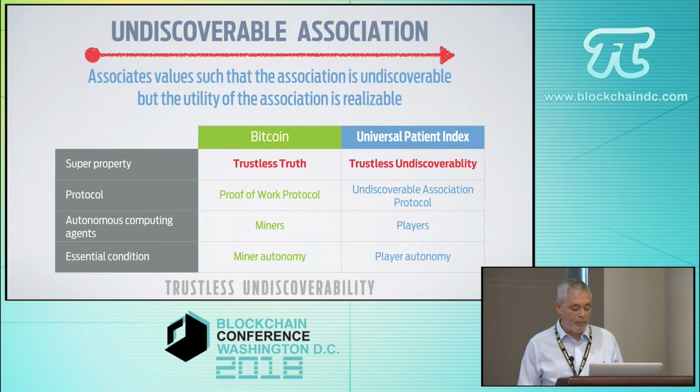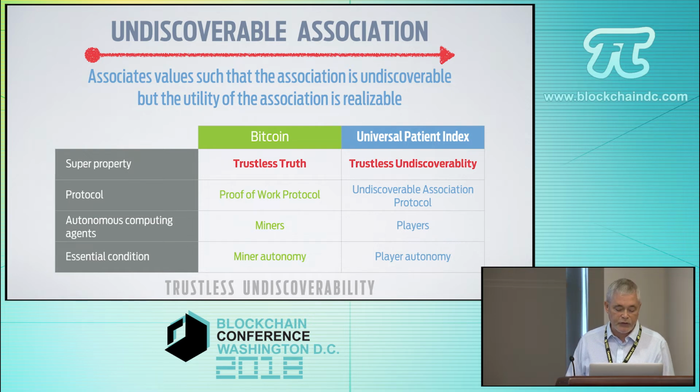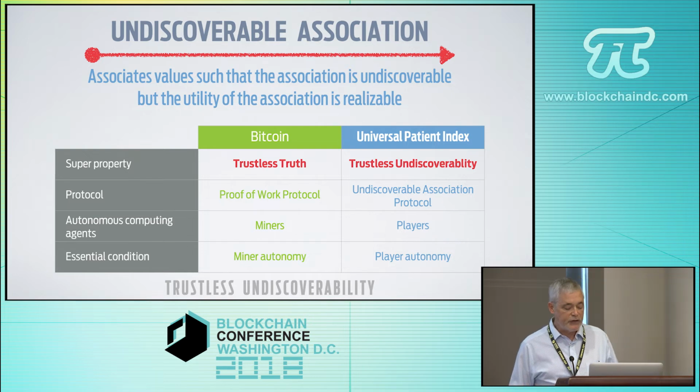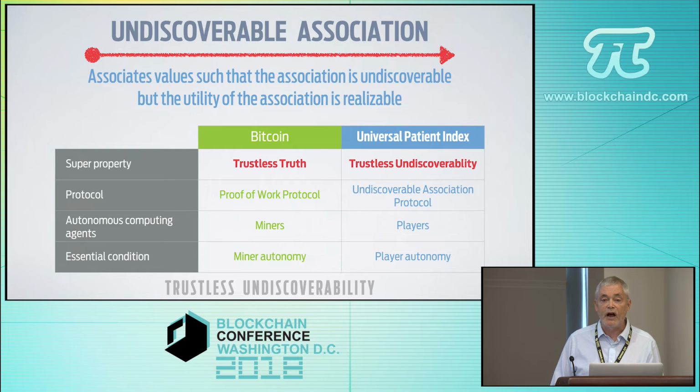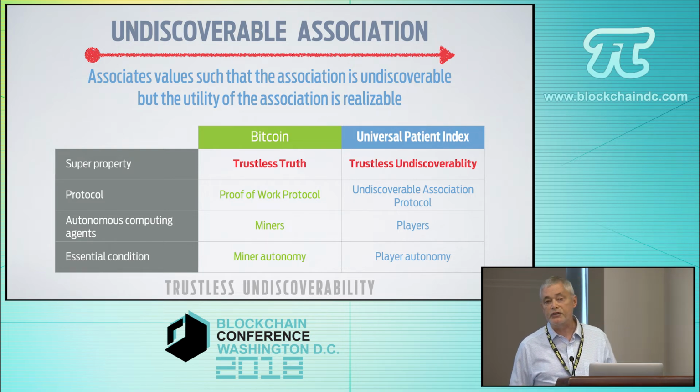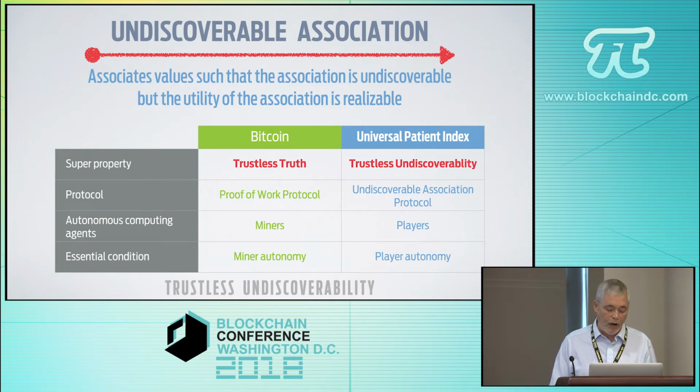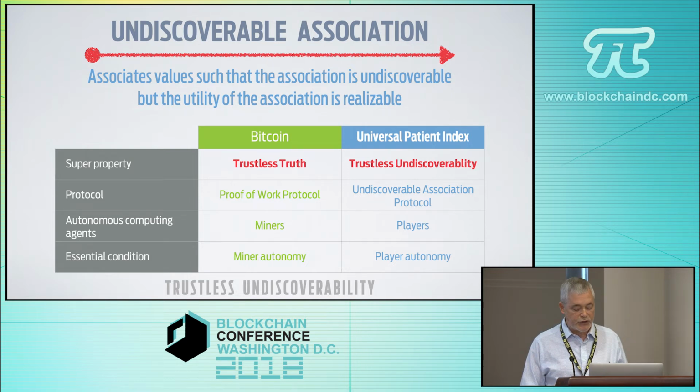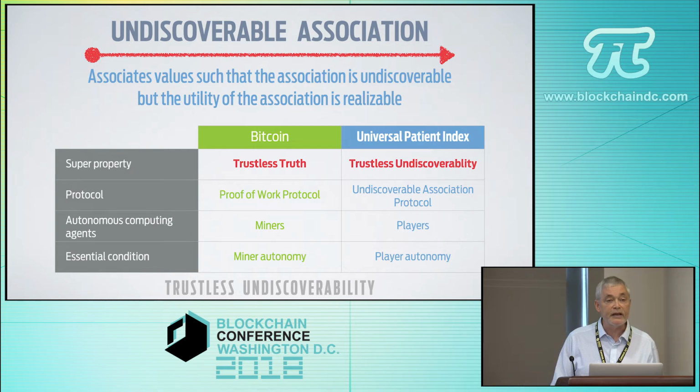Our undiscoverable association protocol associates values such that the association is undiscoverable, but the utility of the association is realizable. With this blockchain protocol, we can finally associate distributed patient IDs without creating a target for malicious attack.